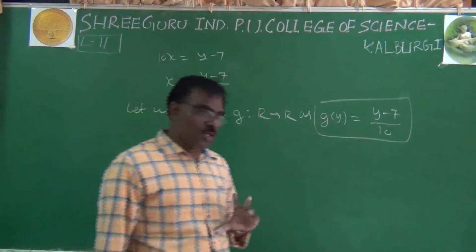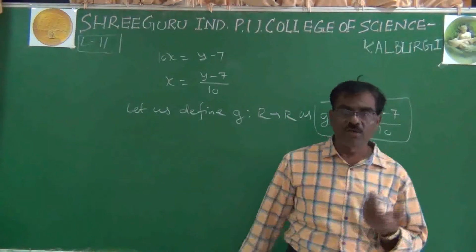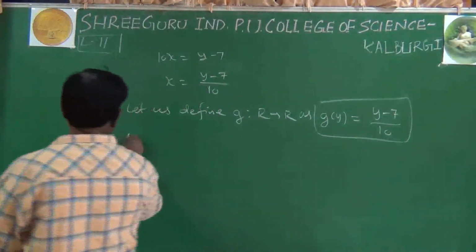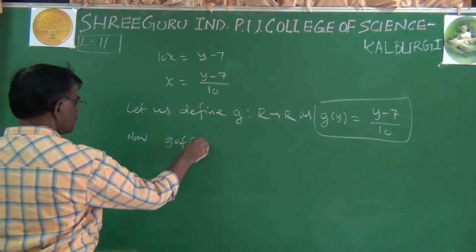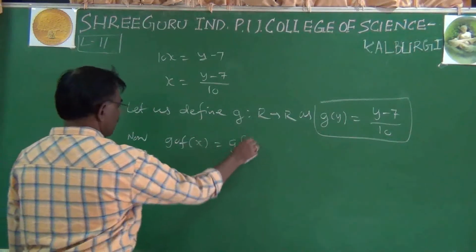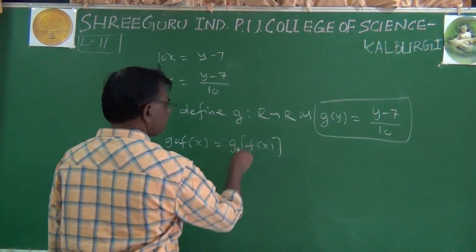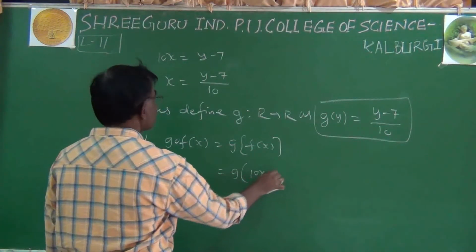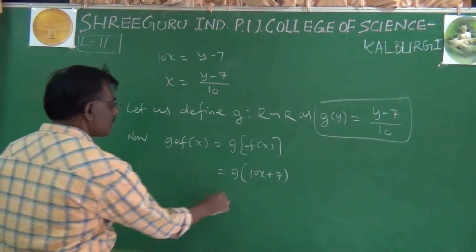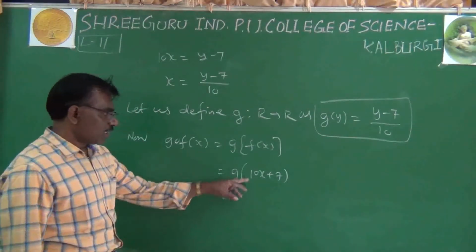Now you have f of x and g of y. Now better you go to the identity function. g composition f of x is g of f of x. f of x is 10x plus 7, so g of 10x plus 7.